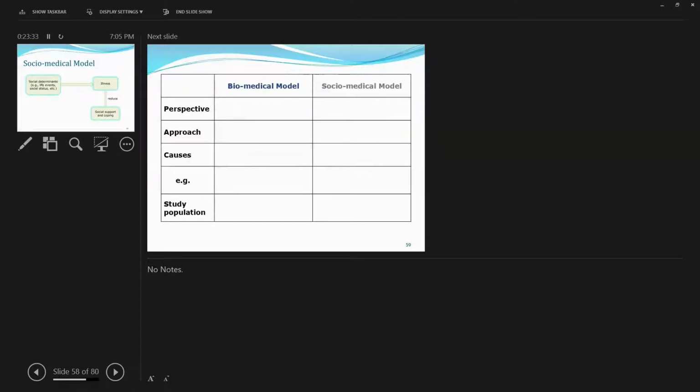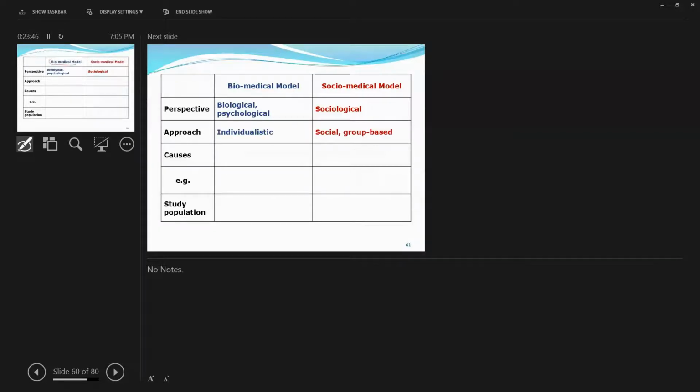Okay. So let me present this table to summarize these two models. So we have the biomedical model, then we have the social medical model, right? And here we have different factors, right, along this axis. So the perspective for the biomedical model is mainly biological and psychological even, okay?